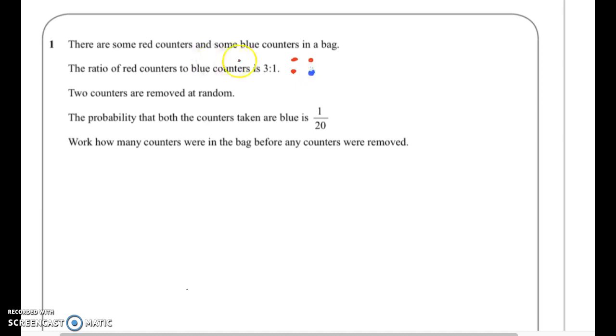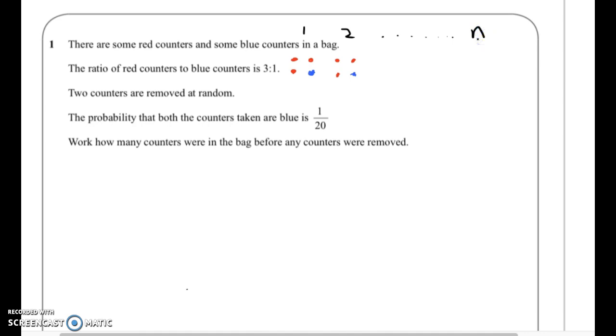And then how many are there? We don't know. So you could do it again, another 3 for every 1 blue. But how many are there like this? You could have 1, you could have 2, but we don't know how many multiples. So we'll just call it n for now.